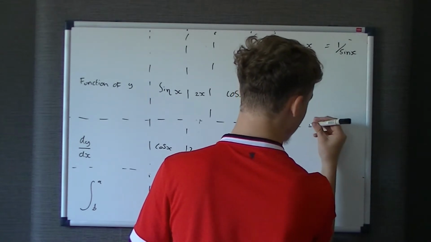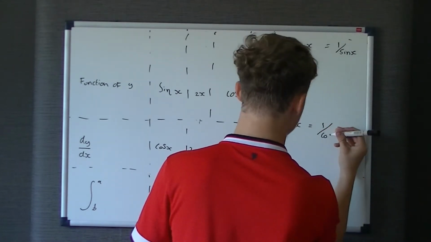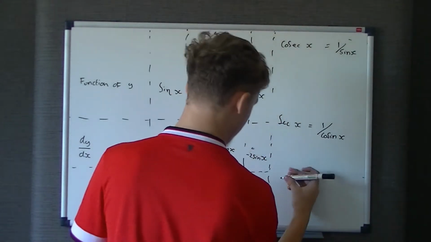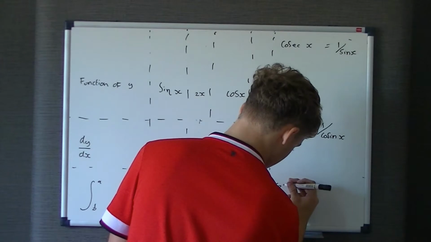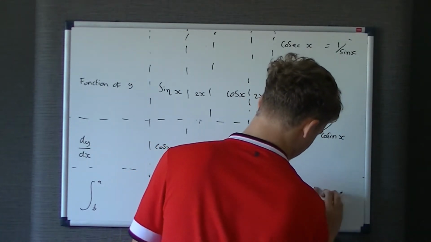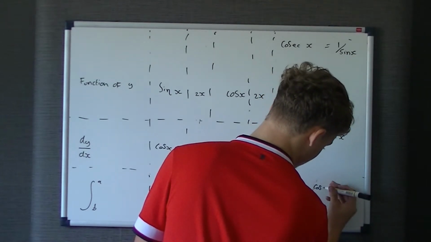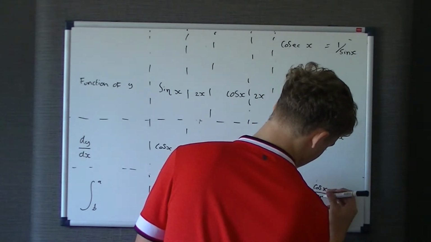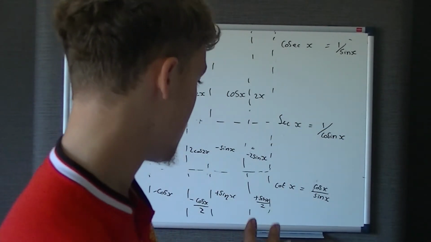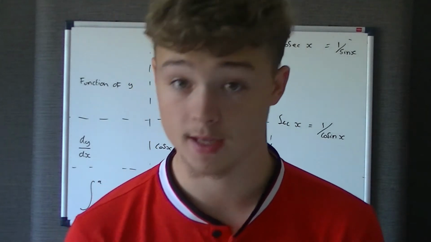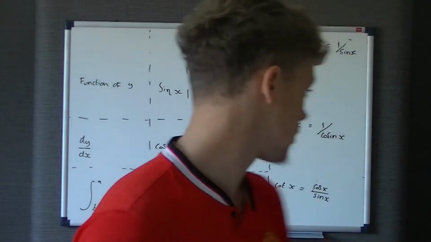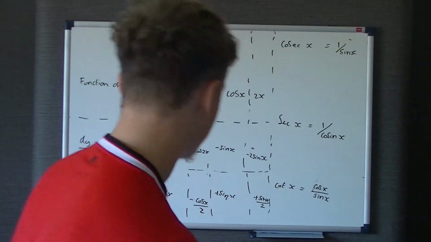Sec x is 1 over cosine of x, or cos x, and we said cot x equals 1 over tan x, or cos x over sin x, which is the opposite of tan x, if you remember. Because tan x is sin x over cos x, and if you flip that round, that's 1 over tan x, which is the same as cot x. That's why we can put that there. Didn't explain it very well.